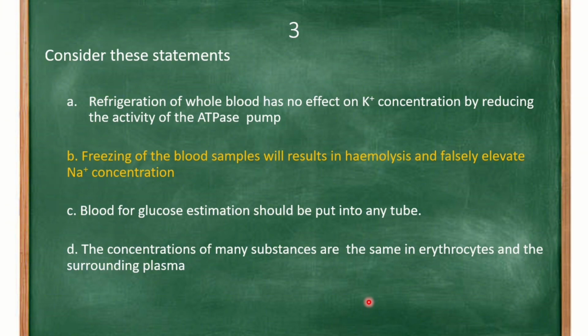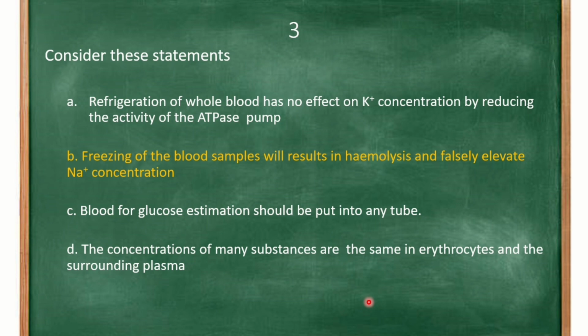That's why B is the most likely answer in this set, because even though the sodium concentration can increase when there is lysis of the cell, the increase is very slight, and so it's not that significant.